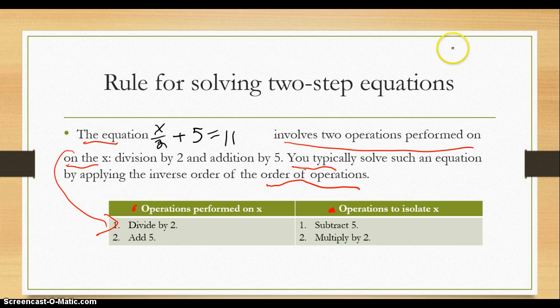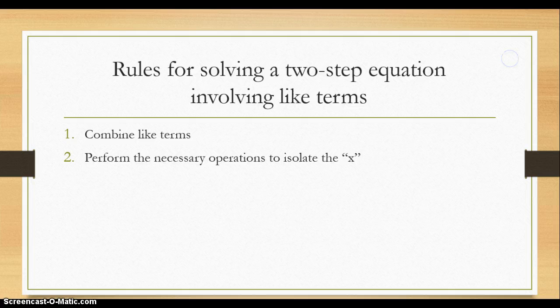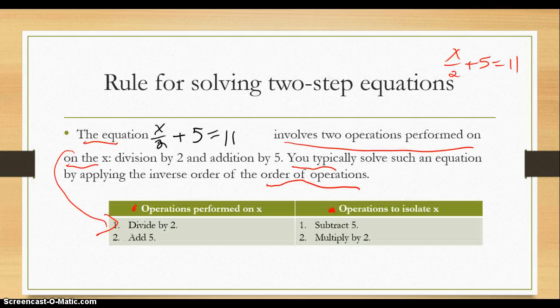So if I have up here x divided by 2 plus 5 equals 11, we need to isolate the x. So we're going to use the order of operations in reverse order. So we're going to subtract 5.